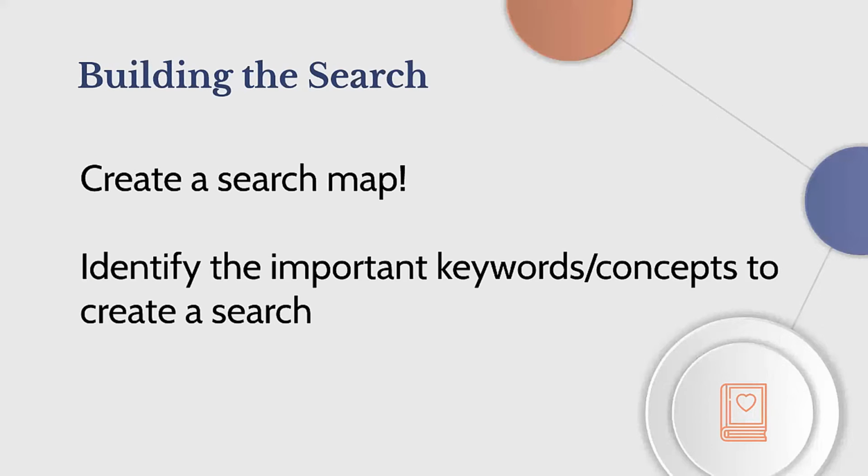Okay, when you're talking about searching, where to search is one of the most important things, but then what to search is also important. So one of the things that Carolyn and I find very useful is using what's called a search map. You can use a search map to identify important keywords or concepts to create your search. Now, the first part, right, is that you need your research question.